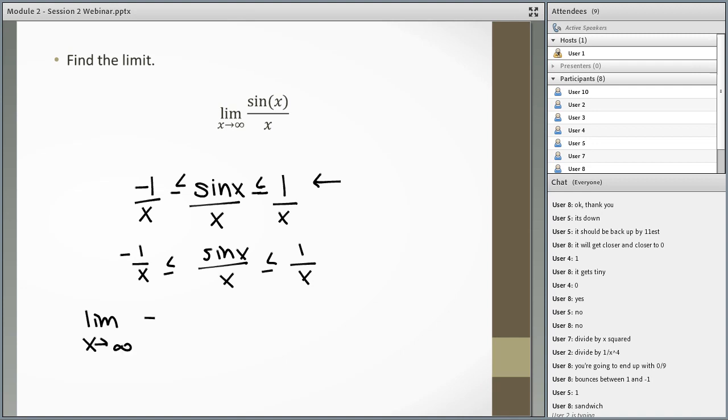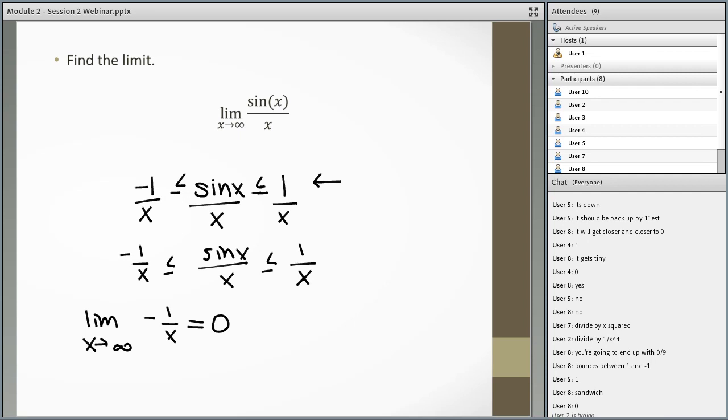So I have the limit as x approaches infinity of negative 1 over x. What does that go to? Good, it goes to 0. If I choose infinitely large numbers for x, and I divide negative 1 by those infinitely large numbers, I'm going to get a negative number, but it's a negative number that's getting closer and closer to 0.